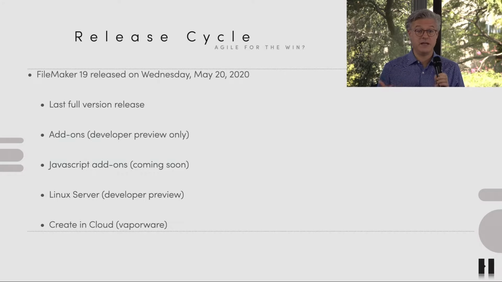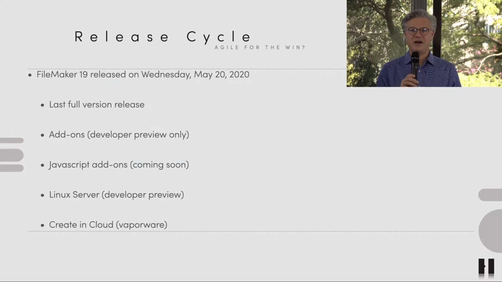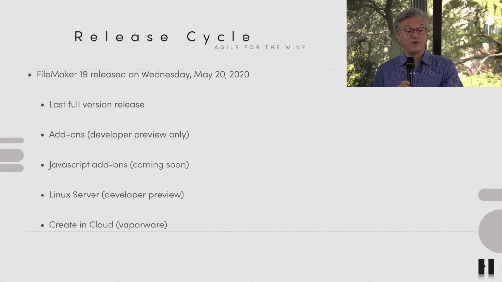They had been in the ETS version, in the betas, but they were taken out of the version that shipped. Linux server, as I stated, developer preview. We had some interesting times trying to get that to work for us. Finally got it functional in certain respects, but not fully baked, but out there for us to play with. And then creating in cloud, shown at Engage and so forth, but it was vaporware when it shipped, even though it was in the marketing.